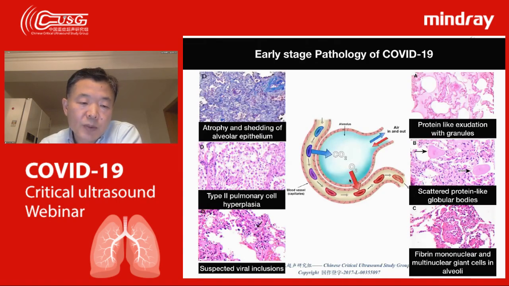This, and type 2 pulmonary cell hyperplasia, and also protein-like exudation with granular scattered protein-like globular bodies and fibrin, and multinuclear giant cells in the alveoli.